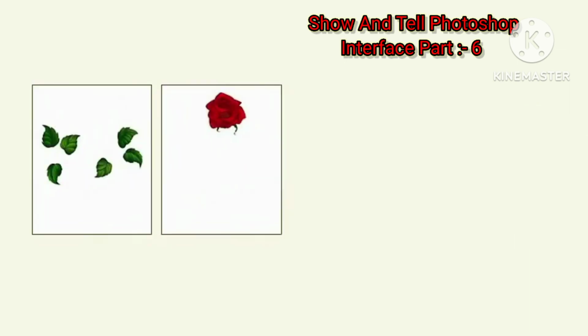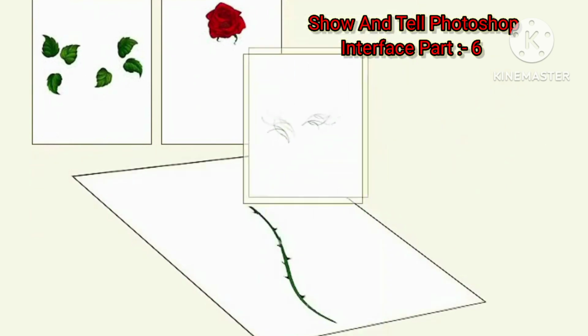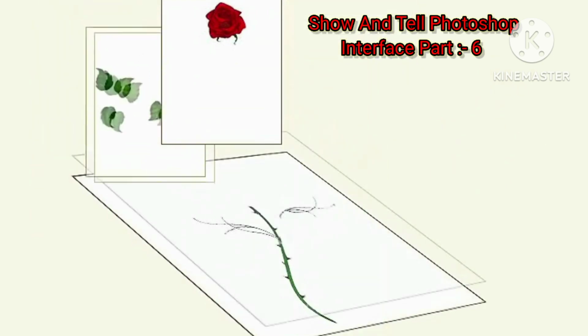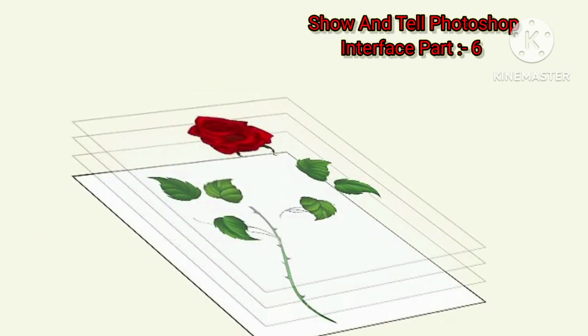But what is a layer? This needs some explaining. Imagine a painting of a flower on a stem with leaves. Let's say the flower was made in parts. The flower petals, the stem, and the leaves are painted on transparent sheets like glass.